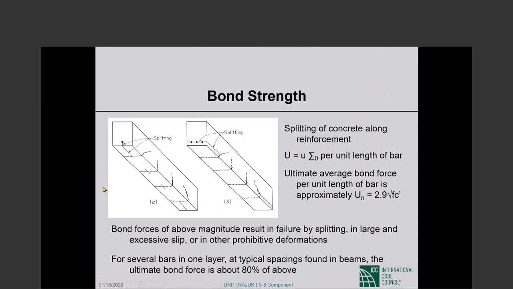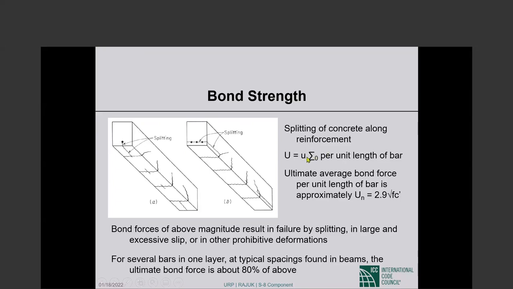Splitting can be in the vertical plane. Splitting can also be on the horizontal plane. Splitting quite often starts at the diagonal crack and then proceeds to the end. That is pretty usual.